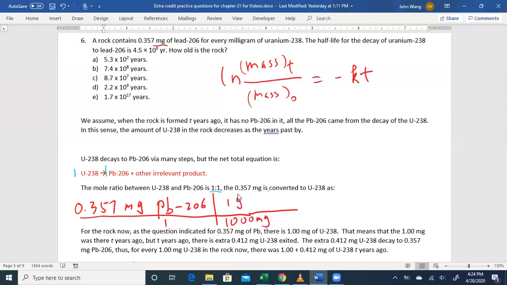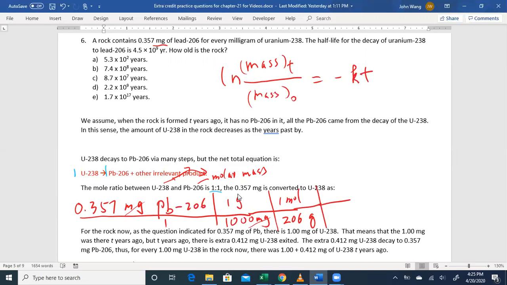Therefore, we have this amount in grams. Once you have grams, you can use one assumption. Even though the notations 206 and 238 are not exactly the molar masses of those isotopes, to a good approximation, you will call them the molar mass. So after conversion, the milligrams cancel and we get grams of lead. The lead-206 molar mass is 206, therefore you write 206 gram here and 1 mole here.